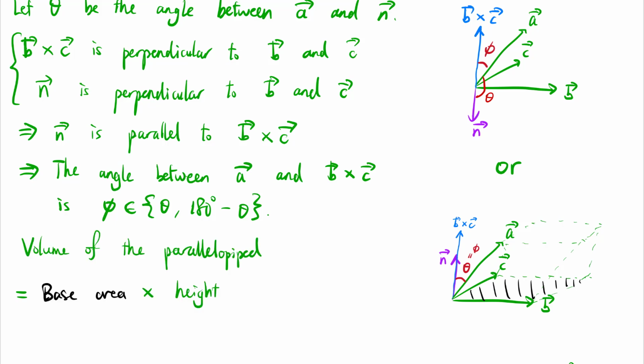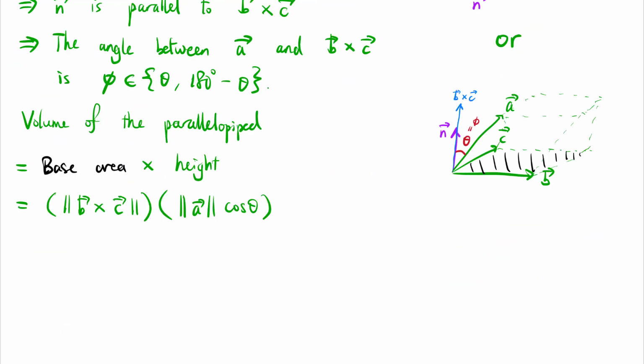Now, the volume of the parallelepiped is equal to the base area times the height, where the base area is the area of the parallelogram formed by B and C, which is the length of B cross C, and the height is equal to the length of A times cos theta.